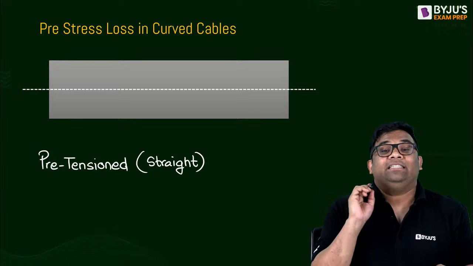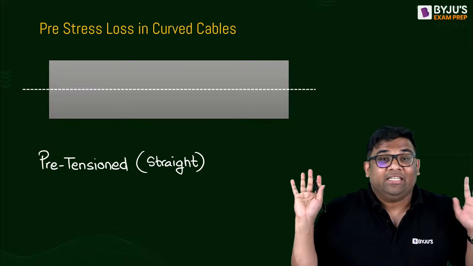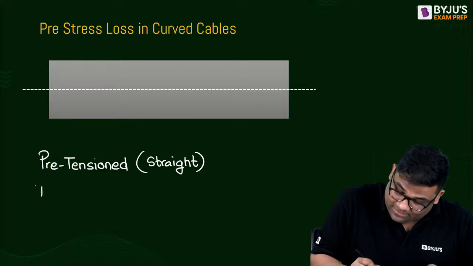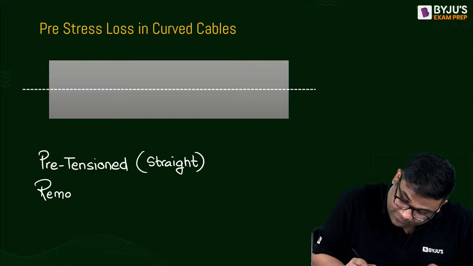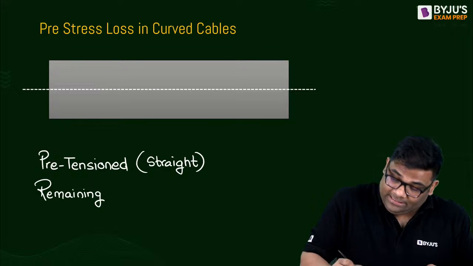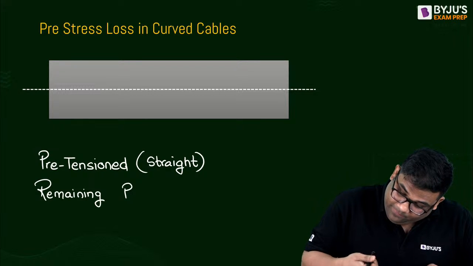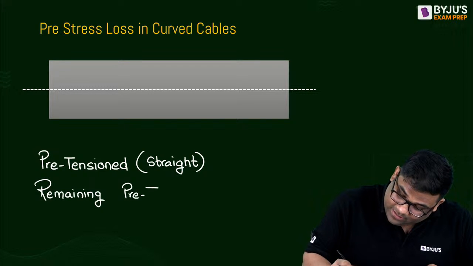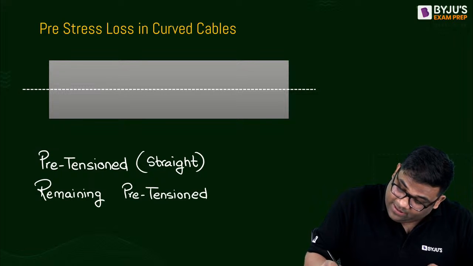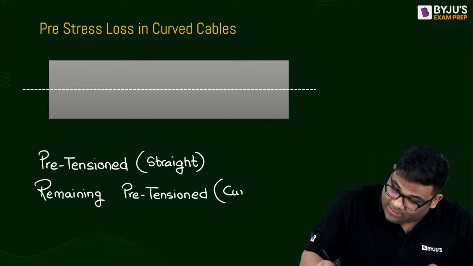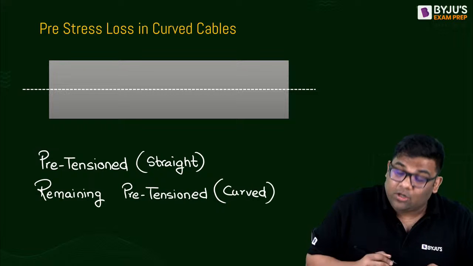Yes, pre-tensioned straight tendon. So what is remaining? The remaining portion is pre-tensioned only. But where? In your curved cables or curved tension.